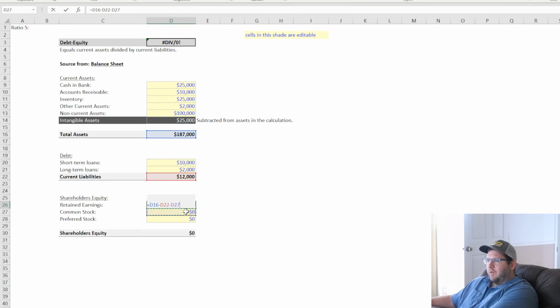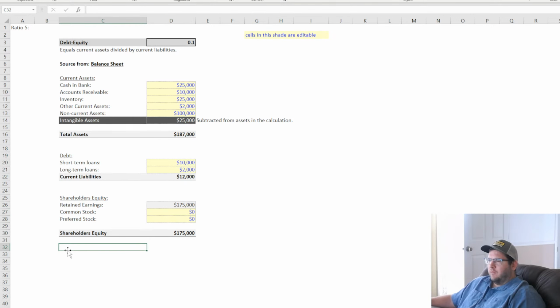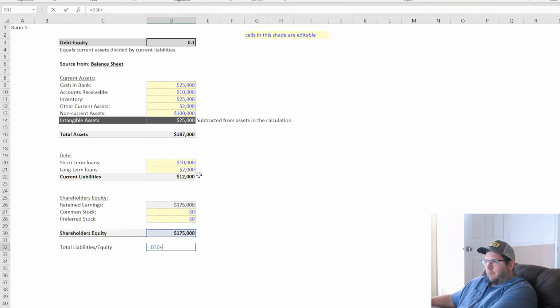Minus this, and then minus these. Liabilities and equity, we'll add those up so you can see this equals that, check.